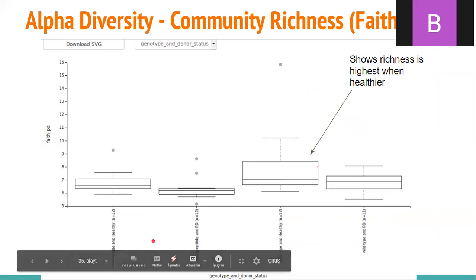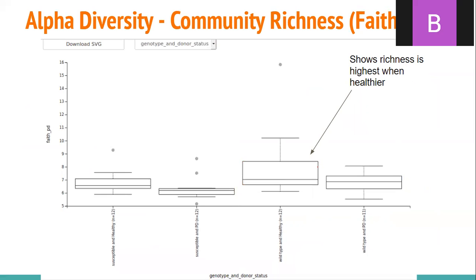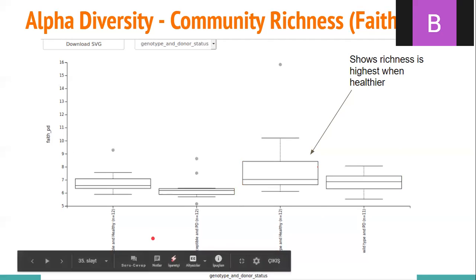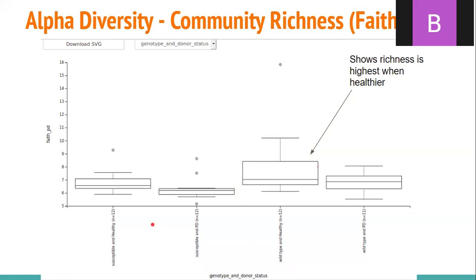And here we can see the richness comparison for alpha diversity of the samples, specifically for genotype and donor type. It can be seen here that wild type genotype and healthy donor type samples have the highest community richness according to Faith's phylogenetic diversity analysis.